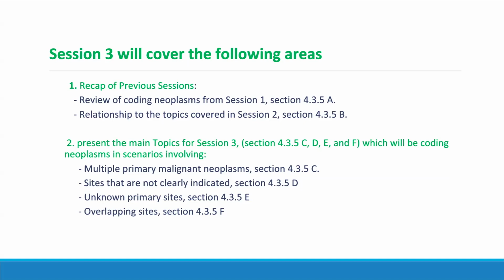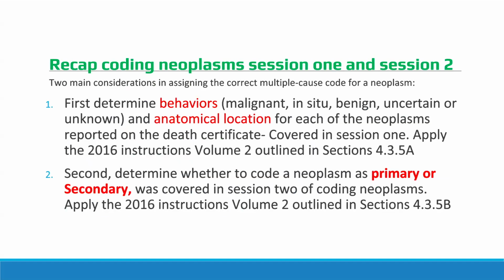Let's get started with a quick recap of our previous sessions. In this recap, we highlight 2 key considerations for coding neoplasms. First, determine the behaviors of the neoplasms, that is, malignant, in situ, benign, uncertain or unknown behavior, and their anatomical locations, as discussed in Session 1 and outlined in the 2016 Instructions, Volume 2, Section 4.3.5A.